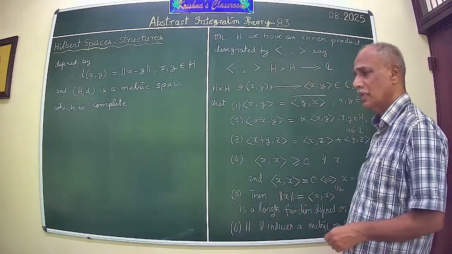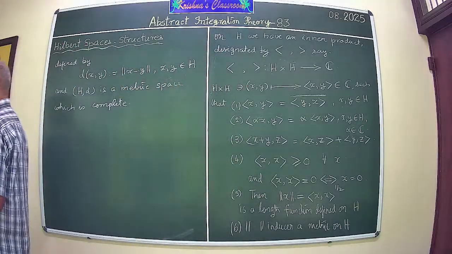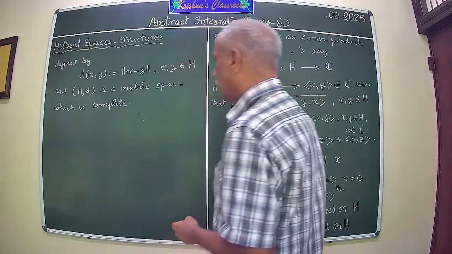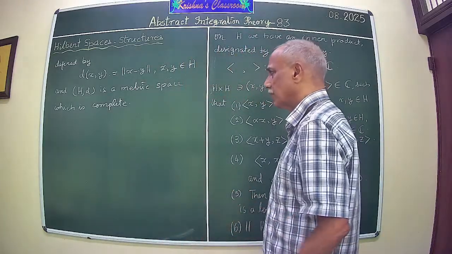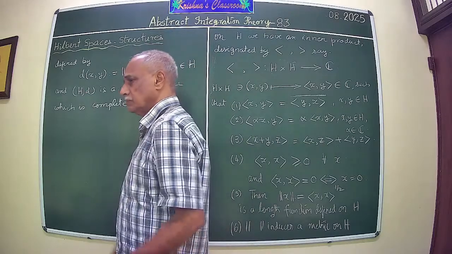That means d(x,y) is less than or equal to d(x,z) plus d(z,y) for every x, y, z belonging to H. Now these properties are satisfied. Therefore, it becomes a metric space. Therefore, it's a topological space.